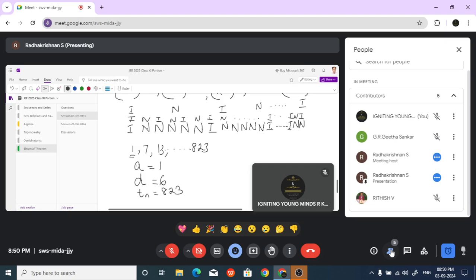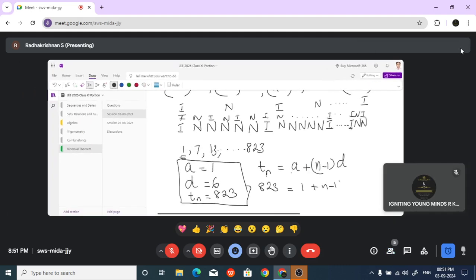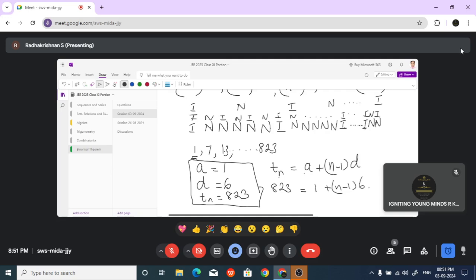So find n. Apply the formula. What is the Tn formula? Sir, L minus A by D. A plus (n minus 1) into D. Correct? Yes, Tn is A plus (n minus 1) into D. So just write it: 823 equal to A plus (n minus 1) into D. Now solve for n.